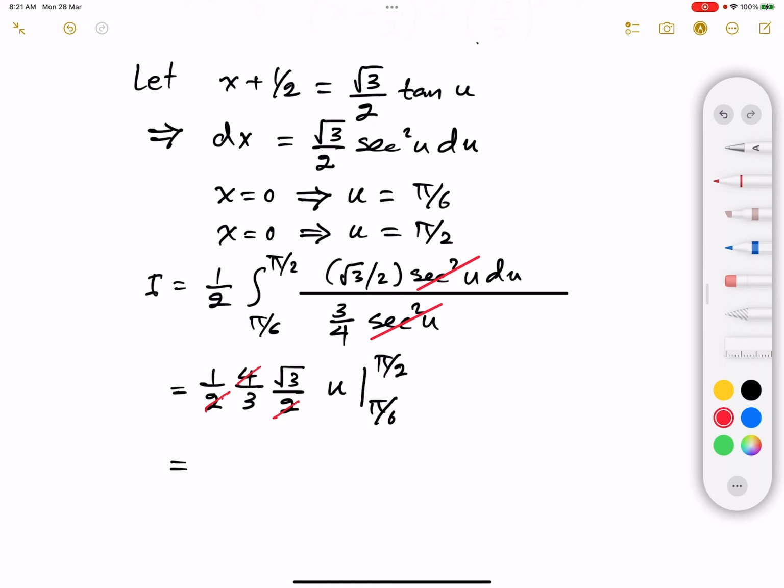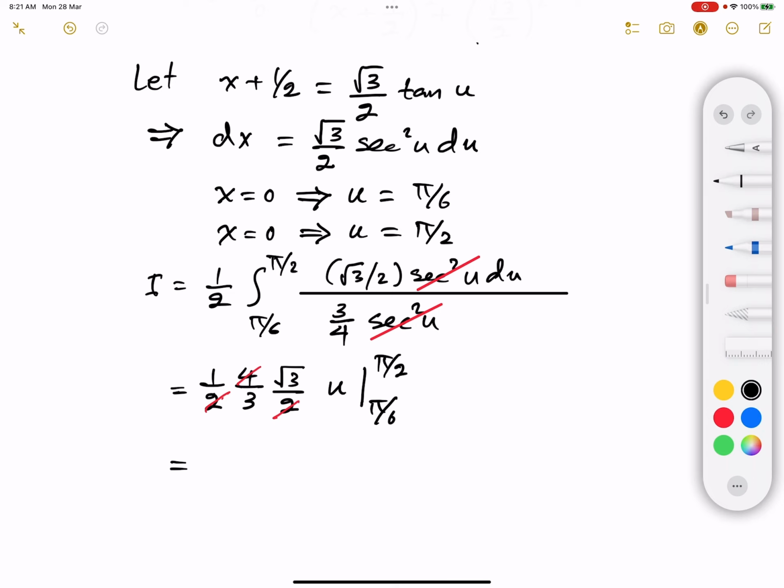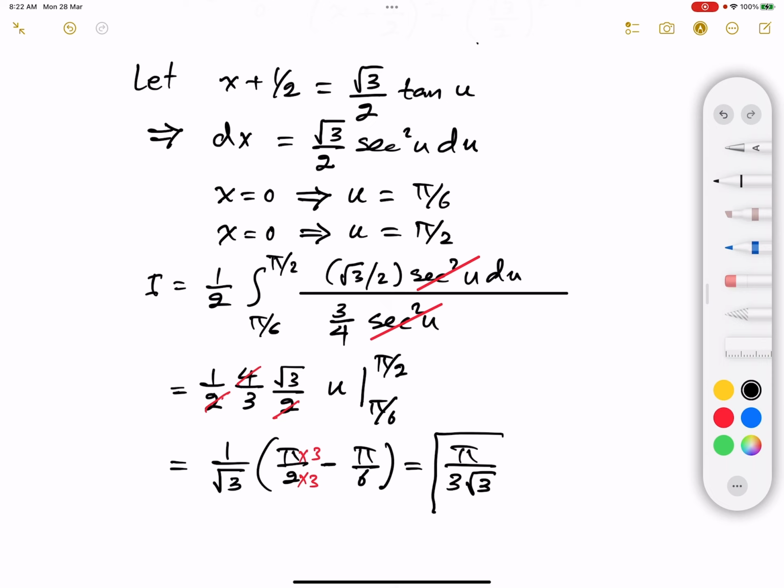That would give us 1 over the square root of 3 times pi by 2 minus pi by 6. Of course, if we want to do this, we need to multiply by 3 here and by 3 there. So this is going to be equal to 3 pi minus pi, that's 2 pi over 6, which is pi over 3. So pi over 3 times the square root of 3, and that's the final answer.